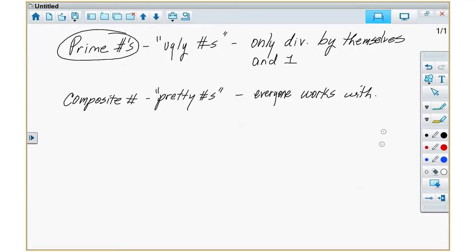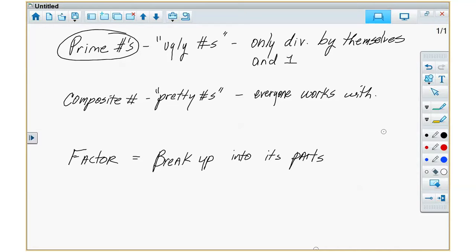And the last term that we're going to talk about today is called factor. The term factor means to break up into its parts. Now, there's two types of factorization: prime factorization and composite factorization.